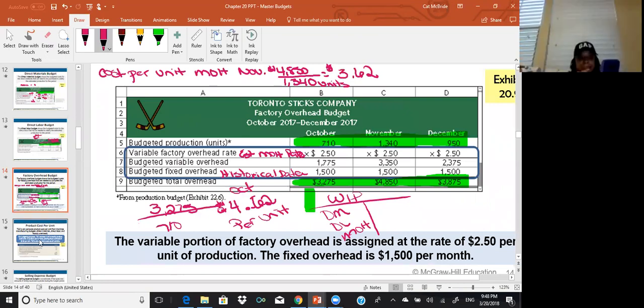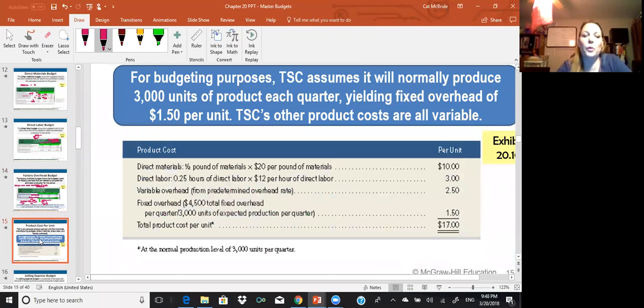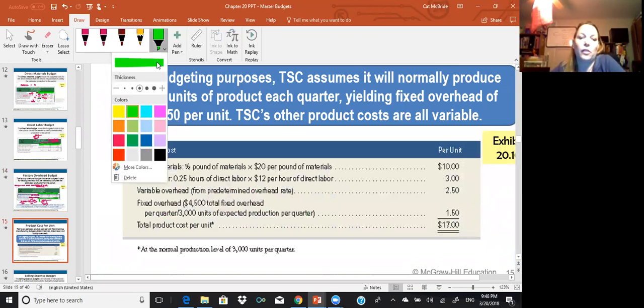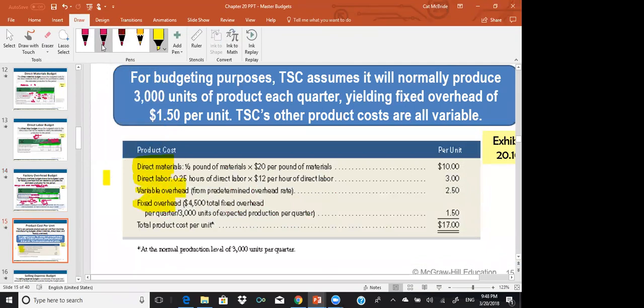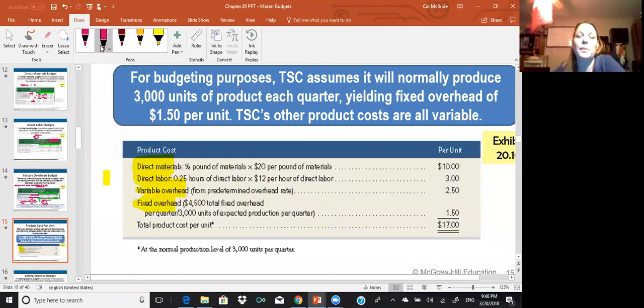Yes. So the next thing we're looking at is now production per unit. All we've done here is say the pieces of our production are direct materials, direct labor, variable overhead, and fixed overhead. And we already know what each one is worth. Our direct materials was a half a pound at $20, so each unit uses up $10.